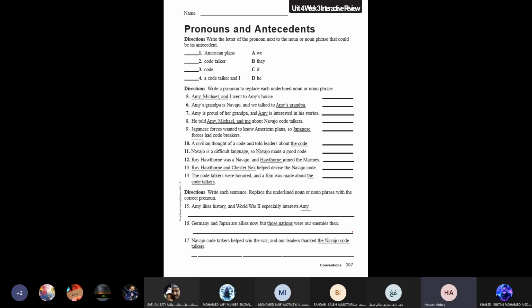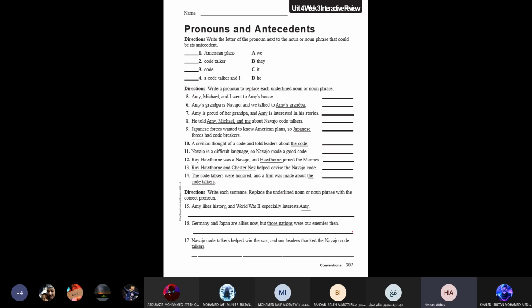Number 6. Ami's grandpa is Navajo. We take to Ami's grandpa. Him. Excellent. I want to replace it here not with a subject but with an object. What comes after the preposition must be an object, guys. To here is a preposition, and it means grandpa.